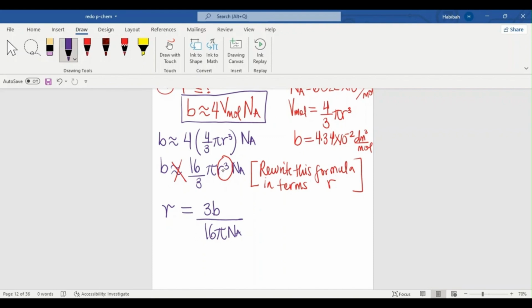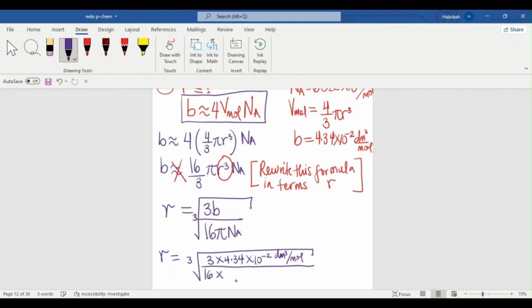So of course, let's not forget that we have r cubed here. So we're going to put the cube here and say the cube root. And this is the new equation. So all we have to do from here is just simply substitute. So r is now going to be the cube root of 3 times b. So that will be 3 times 4.34 times 10 to the power negative 2 dm cube per mole, divided by 16 times pi, which is just the value for pi.